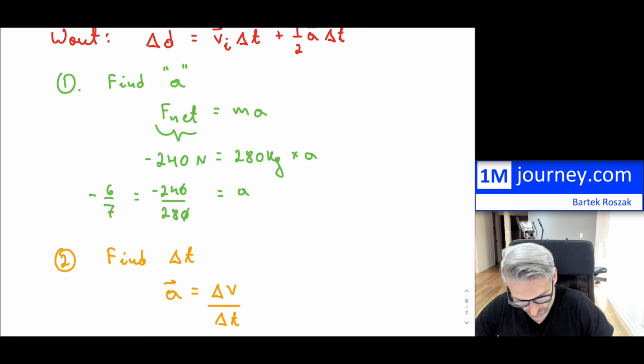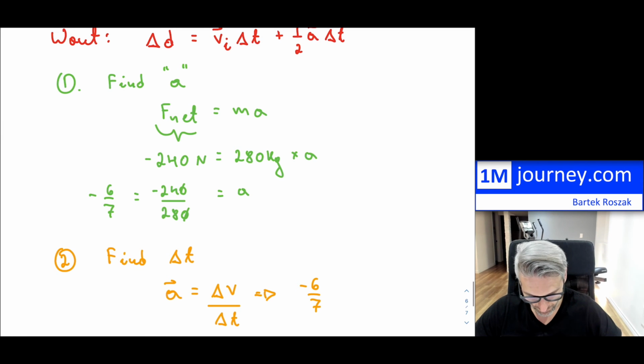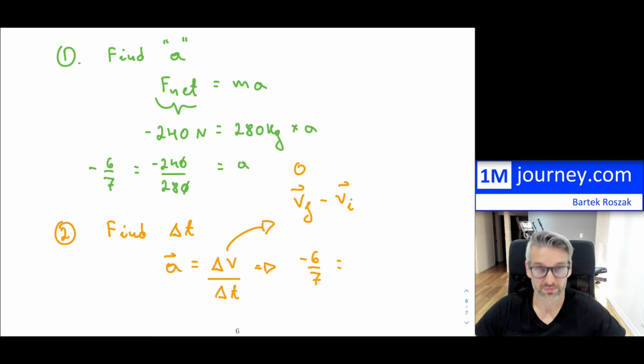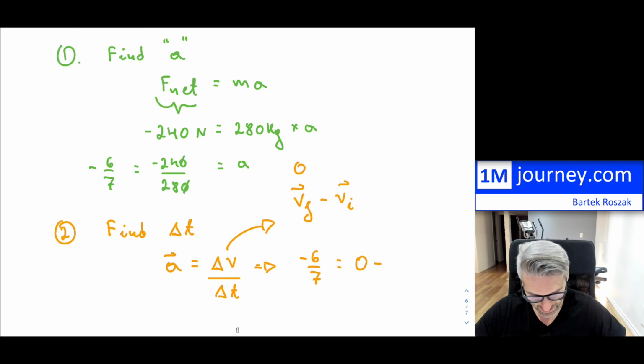Why do I want to use this? Because acceleration I know, so that's negative 6 over 7 meters per second squared. Delta V is V final minus V initial, but V final is 0 because it's going to stop. So this is 0 minus 1.15. And voila, now we're only missing delta t.